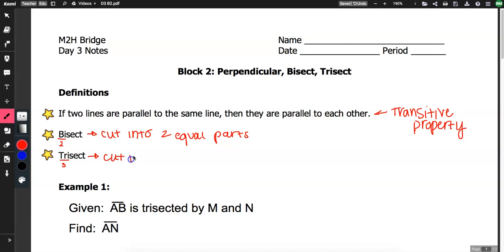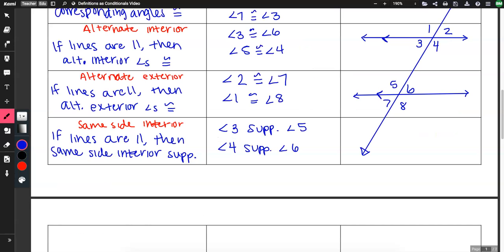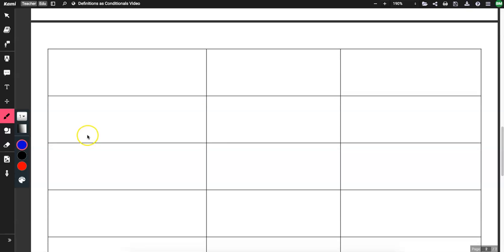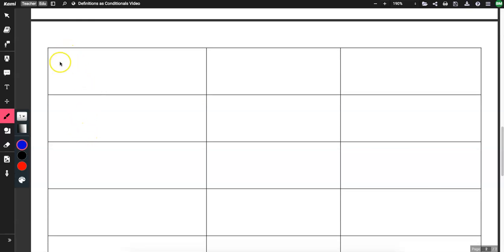So this means cut into 3 equal parts. Pretty self-explanatory there. So these vocab words can be used to describe angles or segments for us. So let's add those to our sheet. Again, I just like to have everything in one place for the definition since you'll use them throughout proofwriting.